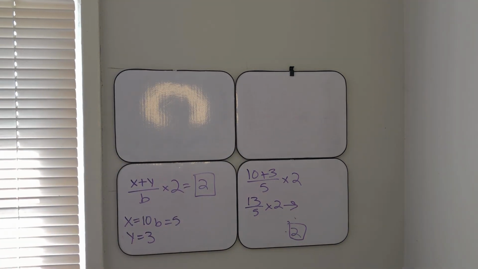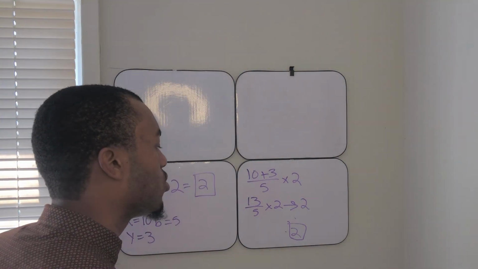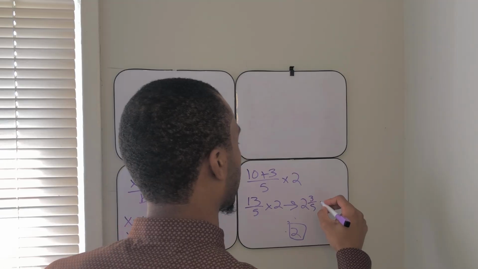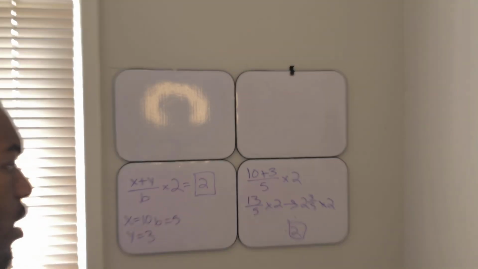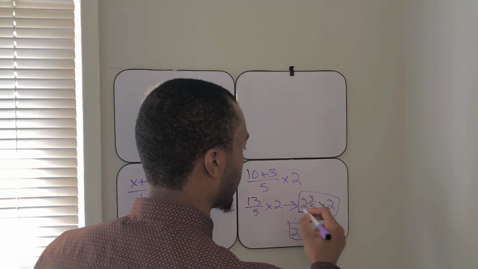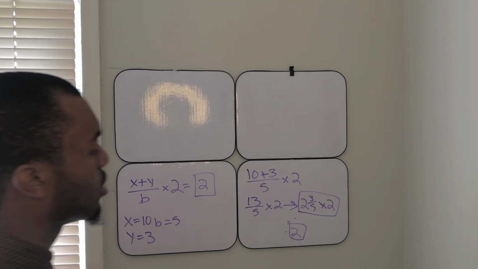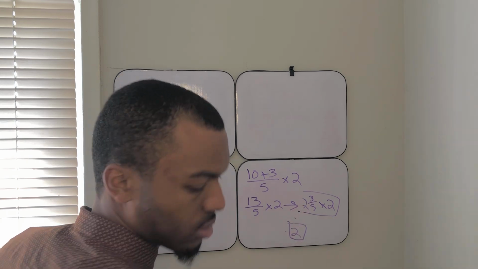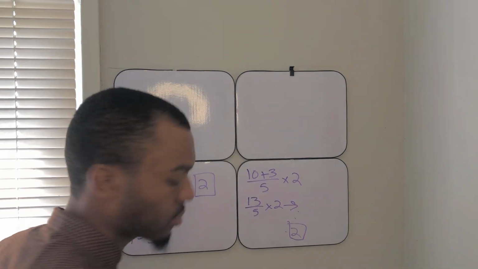13 divided by 5, if I'm not mistaken, that's like 2 and 3/5, times 2. What that is, I'm not sure. We'll estimate real fast, 2 and 3/5. Let's turn this back into an improper fraction and we'll do it that way, so we can get a more clear answer.